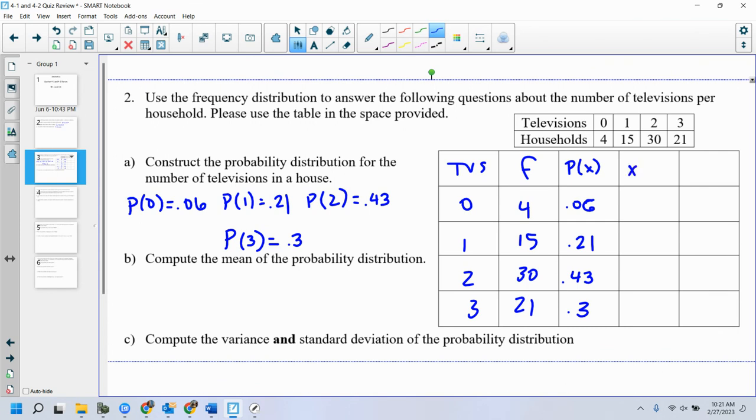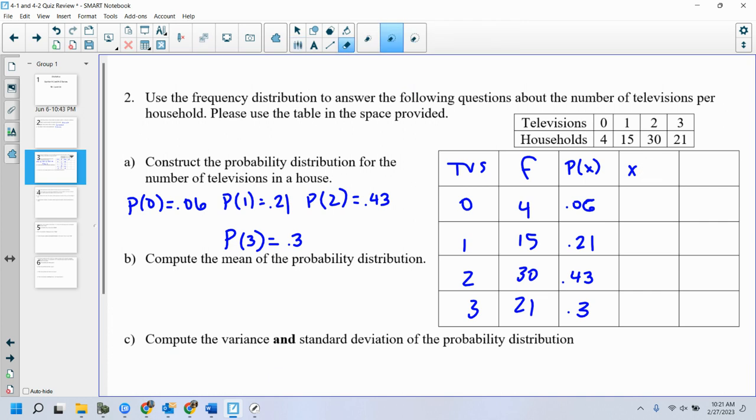I couldn't find it there at first. Sum of xP(x). Okay, so what is x in this case?